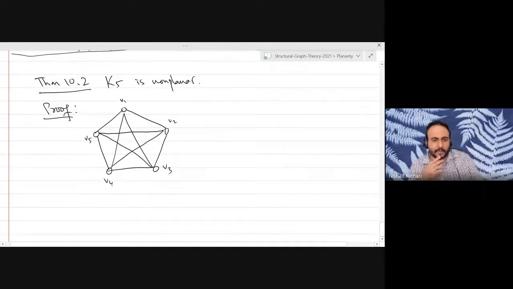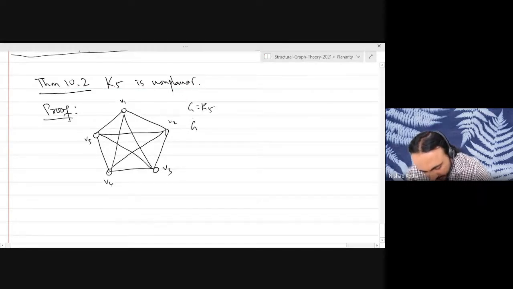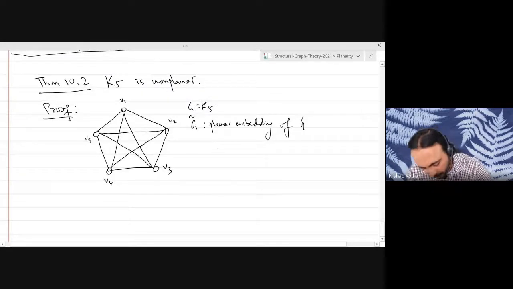Okay, so that's K5. Now let us suppose that this is a planar graph. So let's say G is K5 and G tilde is a planar embedding of the same. This is for the sake of contradiction.